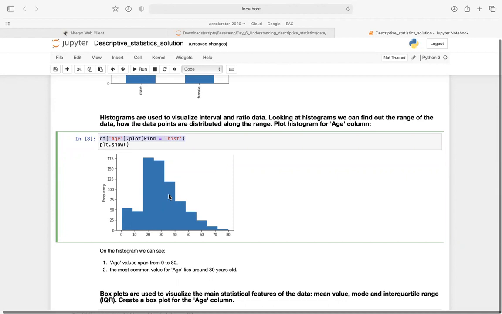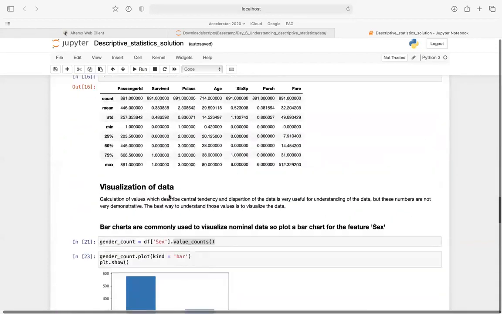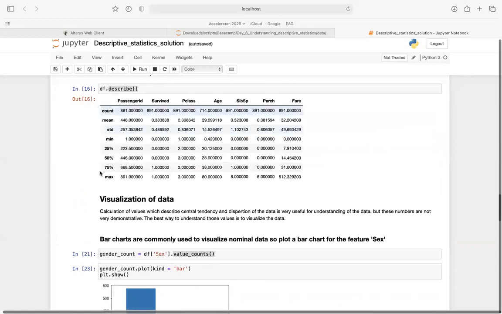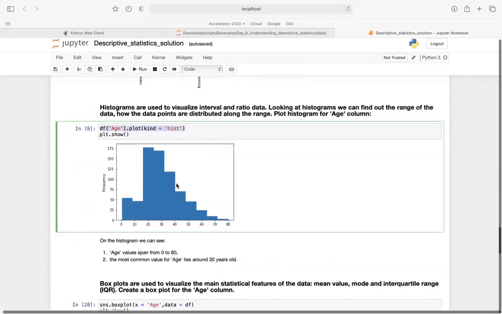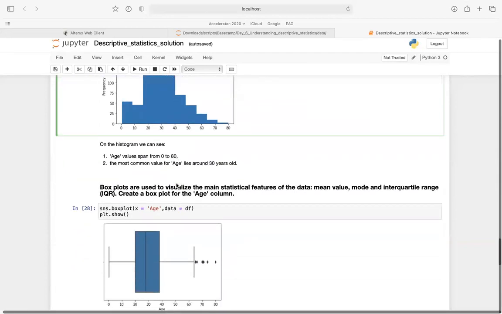Box plot is one of the most important plots in terms of descriptive statistics. When somebody wants to showcase the 5-point summary that we have seen here in a pictorial format, you can easily do it using a box plot.